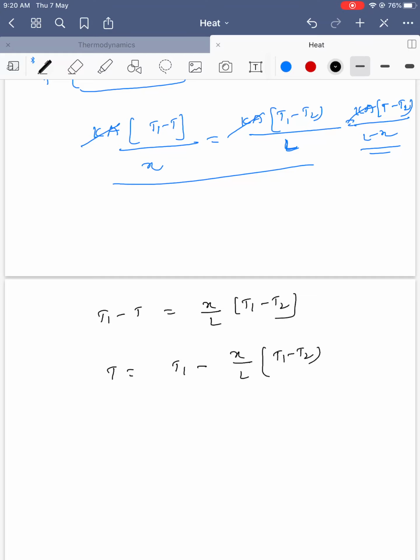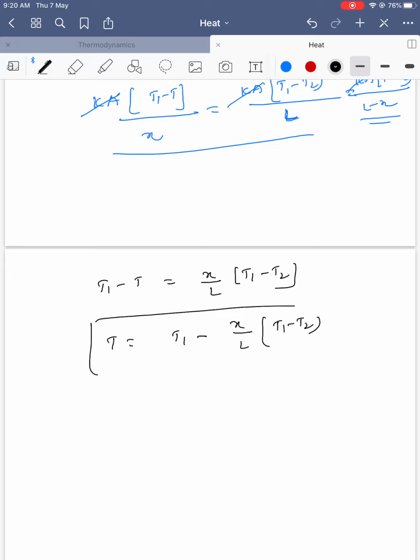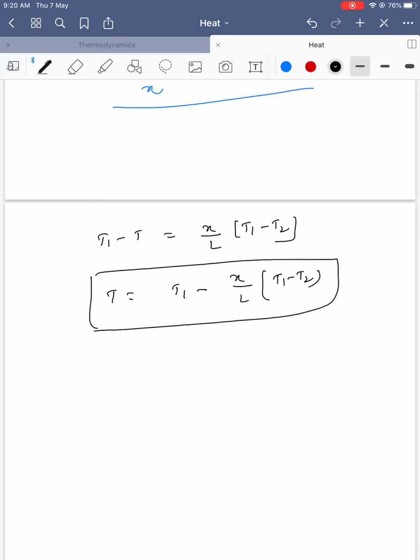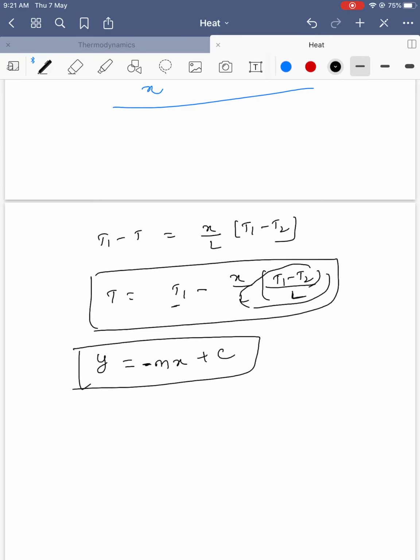T1 minus T2. Okay, so I can write this as y equal to T on the y axis, and m as T1 minus T2 by L, so y is equal to minus mx plus c.